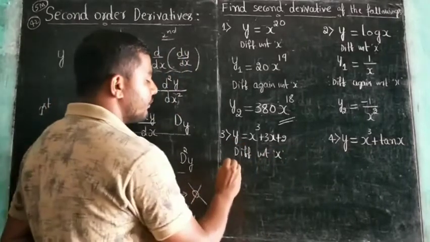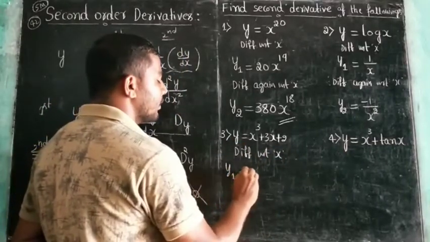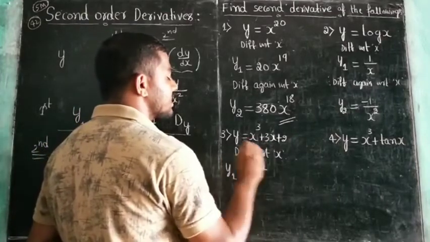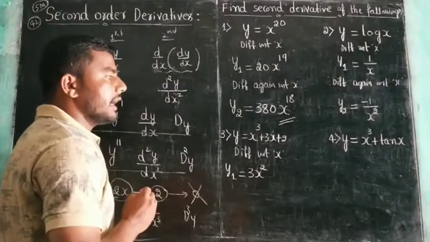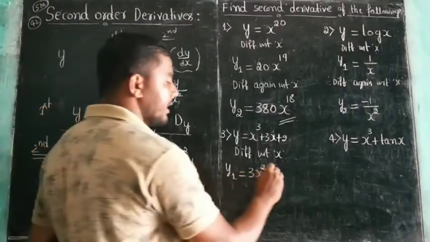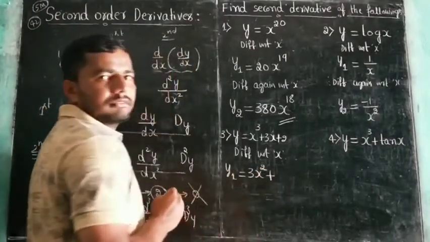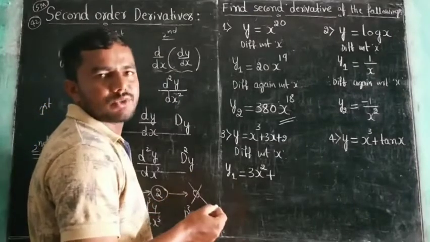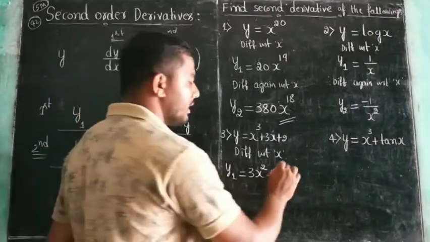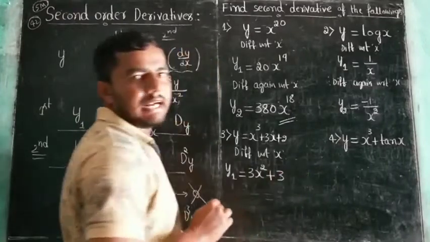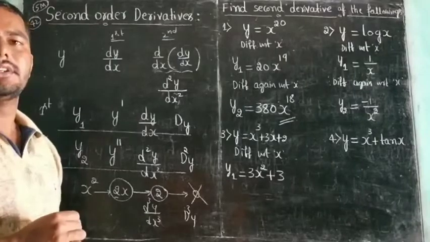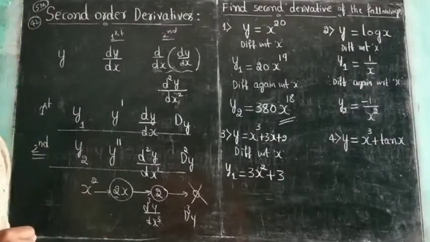The derivative of y is y1 is equal to, the derivative of x cube is 3x square, plus the derivative of 3x. 3 into x with respect to x is 1, 3 into 1 is 3. And the derivative of 2 is a constant, that value is equal to 0.